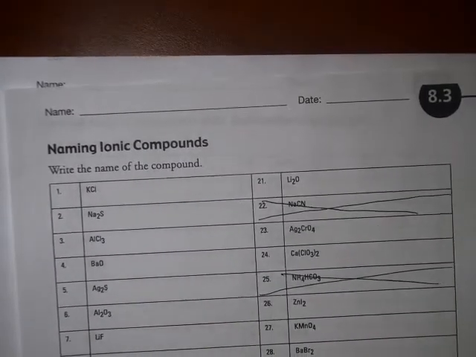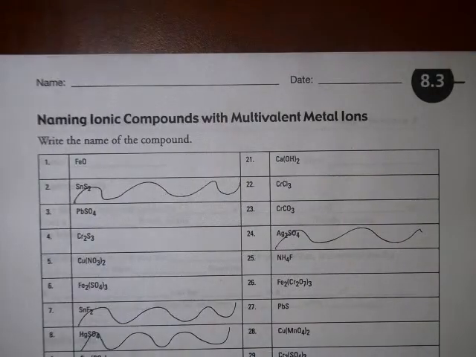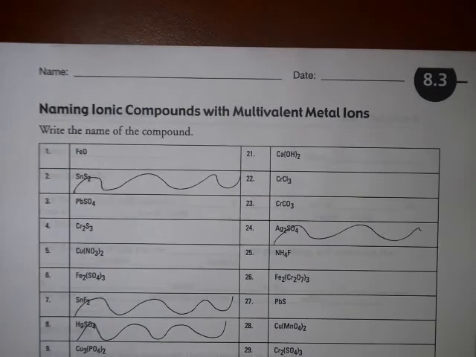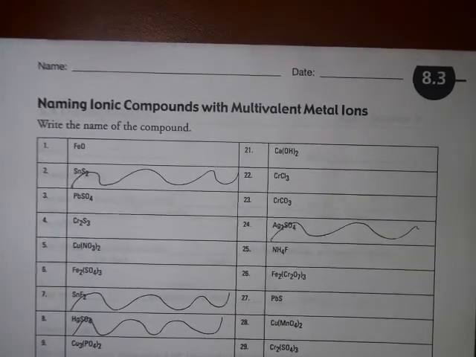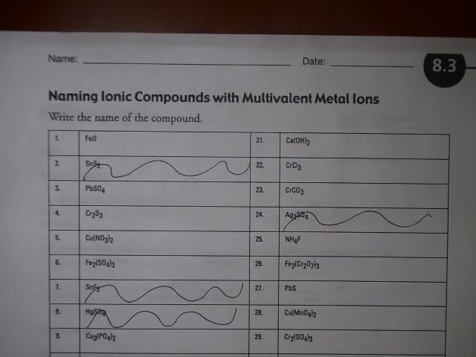Sorry about that. There's naming ionic compounds 8.3, and there's naming ionic compounds with multivalent metal ions 8.3. And then I'm going to make another video, so you're probably going to be spending a fair amount of time on this, and then on the next day I meet you, we're going to score this together. Okay?